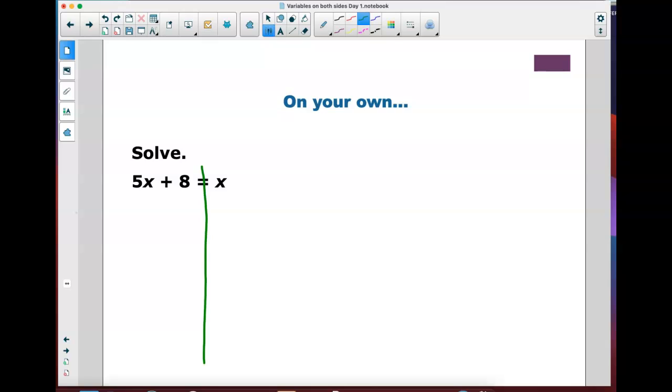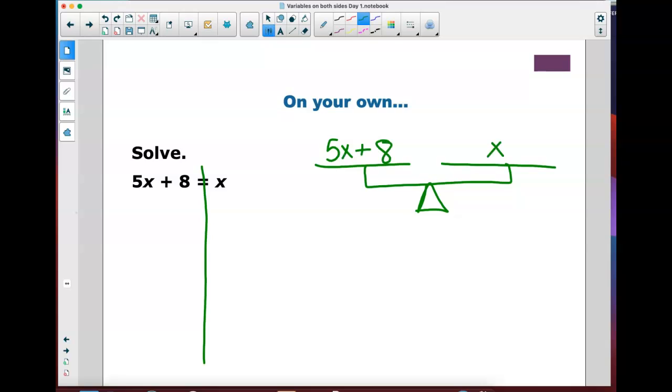Okay, so again, if it helps you, you can do this. Draw this little scale. On one side of the scale, we have 5x plus 8, and on the other side, we have x. Okay, I don't want variables on both sides.